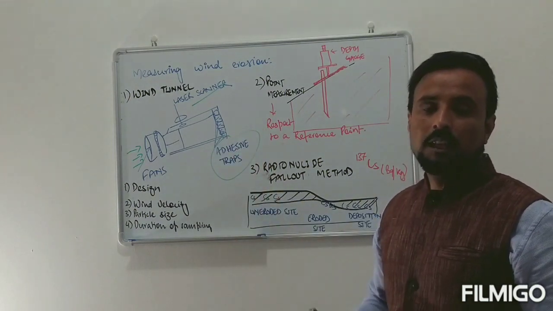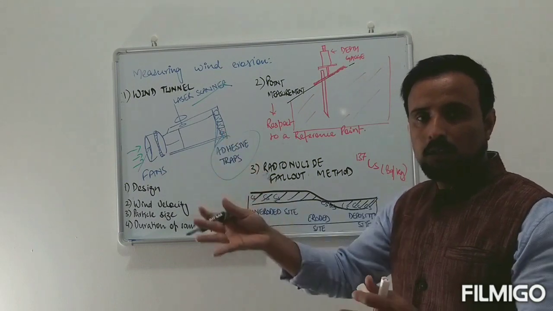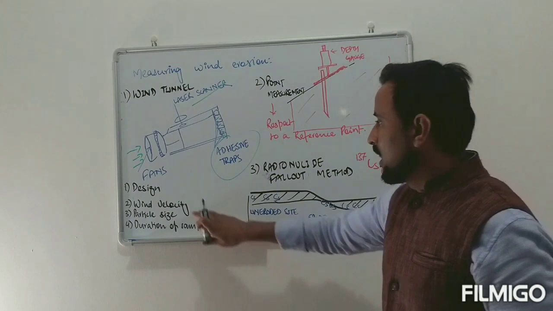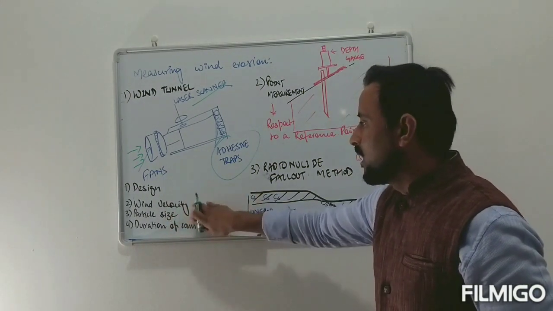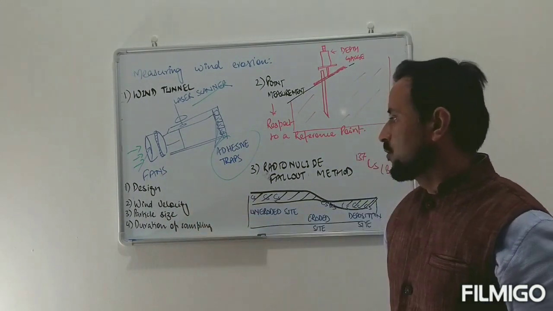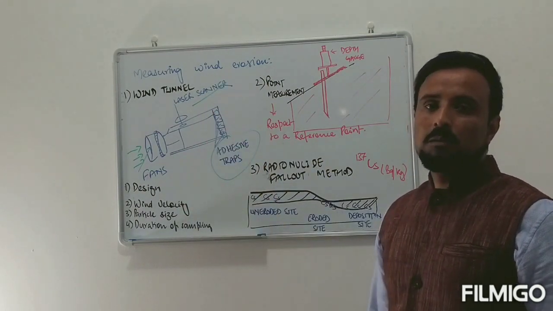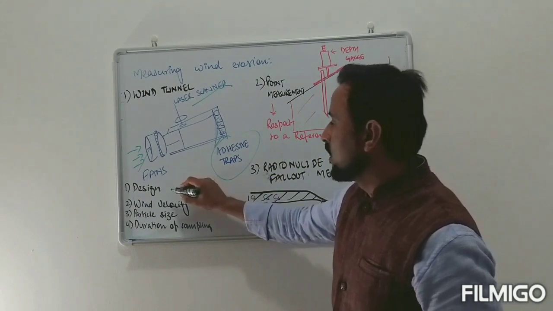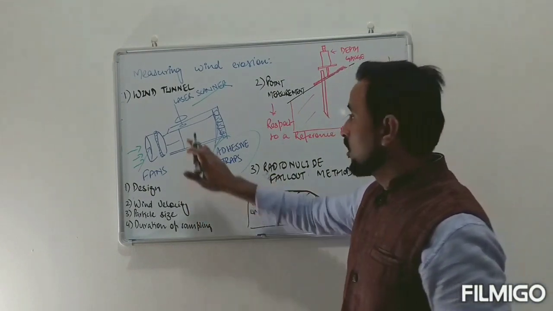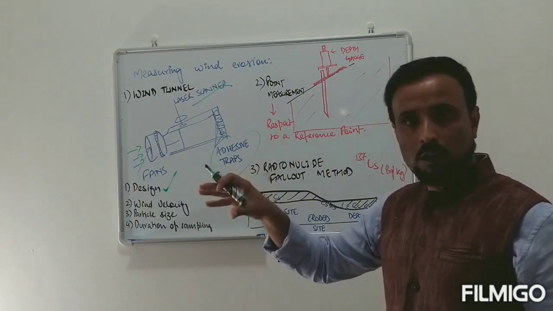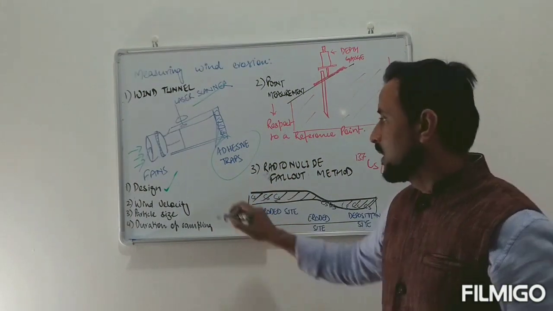If you want to collect coarse size particles which are moving with the wind, then the track design, wind velocity, particle size, and duration of sampling will be different for different kinds of particles, right? So these four parameters are basic for designing a wind tunnel, for coarse particles or for fine particles.